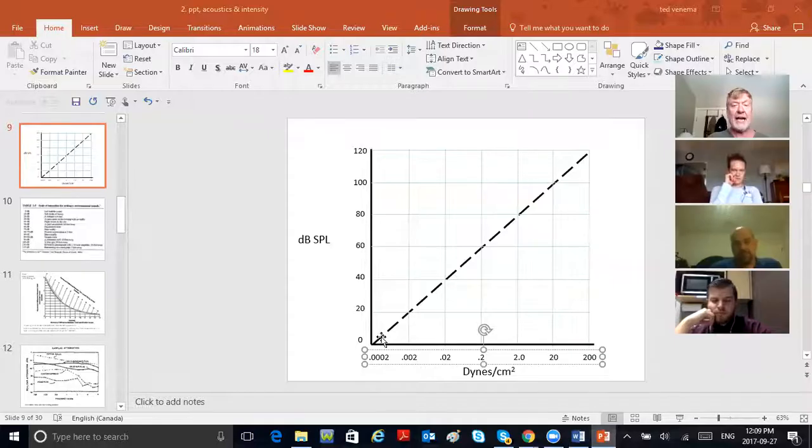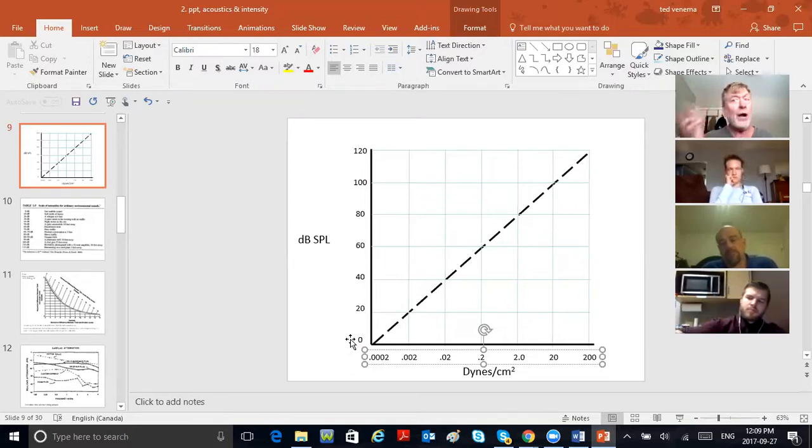And that amplification is called gain, G-A-I-N. Input plus gain is output. Now, gain is a relative thing. Gain is not referenced to the zero here. Gain is not referenced to this corner. Gain is relative.